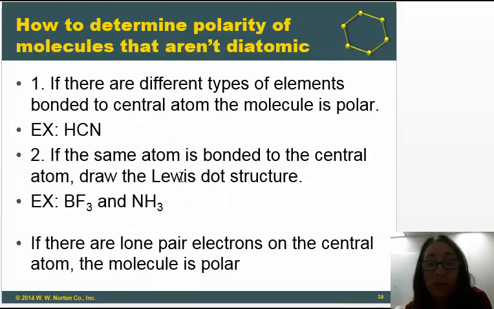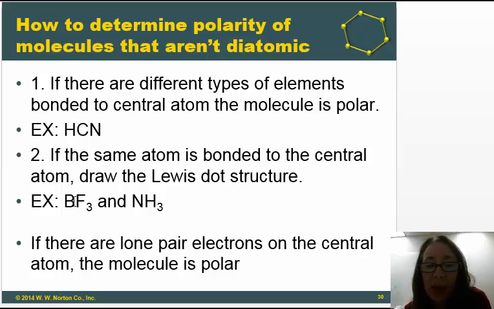So when there's two different elements bonded to the central atom, you know that it's polar. Now, sometimes you'll have a polar molecule where all of the same atoms are bonded to the central atom. So if we look at boron trifluoride and ammonia, one of these is actually polar, and you probably know if you've been paying attention. But the point is, you can't just look at the formula.